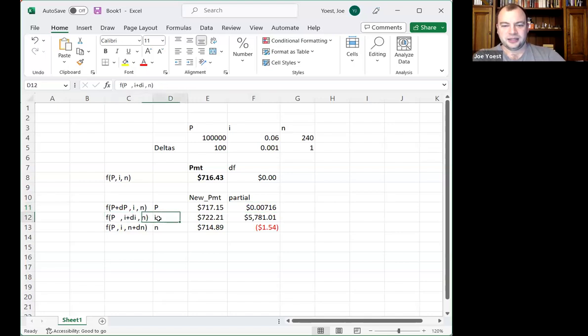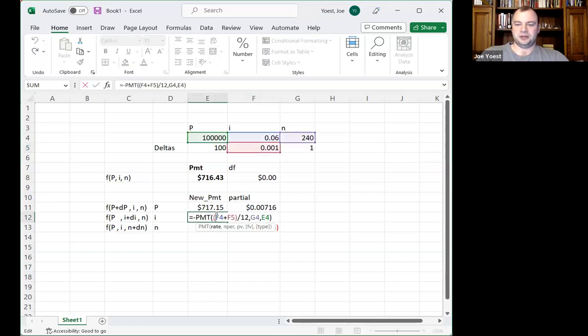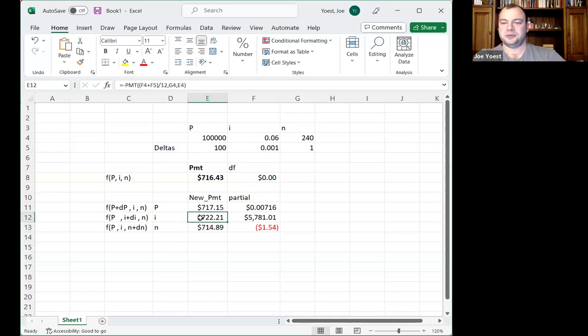If I wiggle I, the interest rate, a little bit, again, I'm looking at F of P, I plus delta I, N minus F of P, I, N over delta I. So if I change the interest rate by 0.1%, going from say 6% to 6.1%, recalculate the payment using the payment function in Excel, being careful to divide the whole 6.1% by 12, this gives me a new payment.